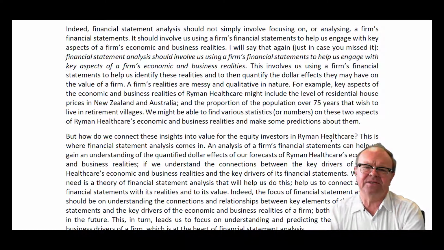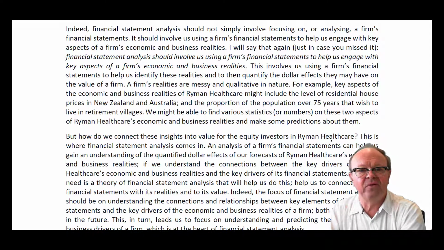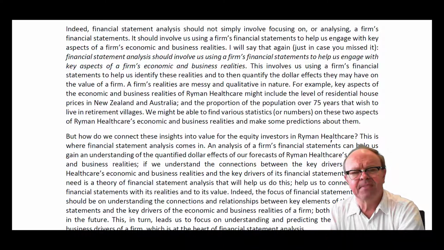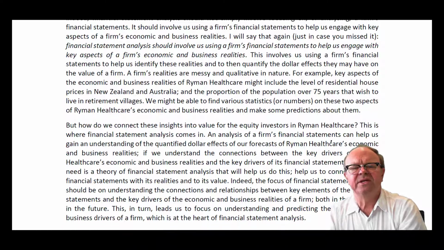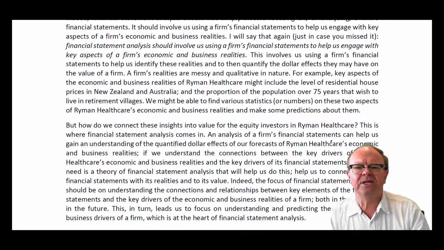Indeed, financial statement analysis should not simply involve focusing on or analysing a firm's financial statements. It should involve us using a firm's financial statements to help us engage with key aspects of a firm's economic and business realities. I will say that again, just in case you missed it.